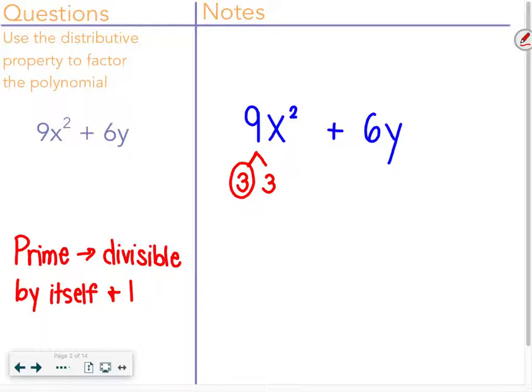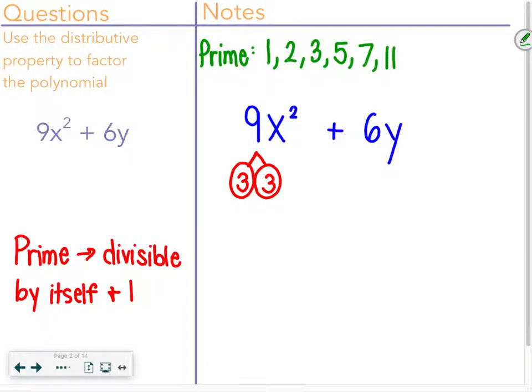Another prime is this other 3. One thing that might be helpful in your notes is to make a list of some of the numbers that are prime. So here's a list of some of the primes: 1, 2, 3, 5, 7, 11, 13, 17, 19.